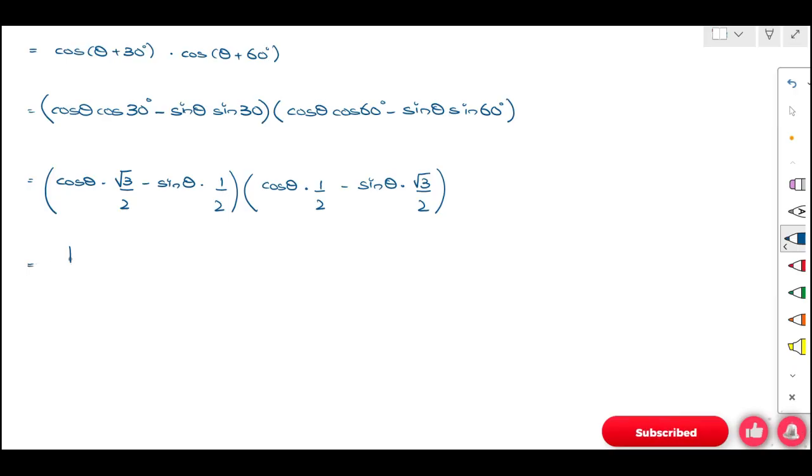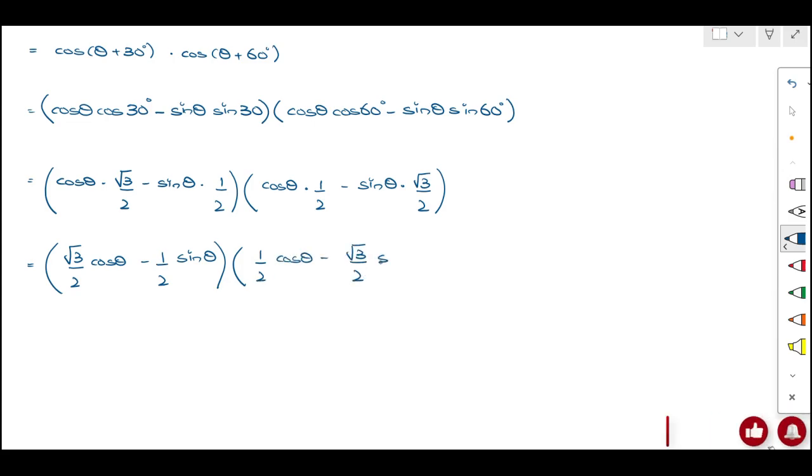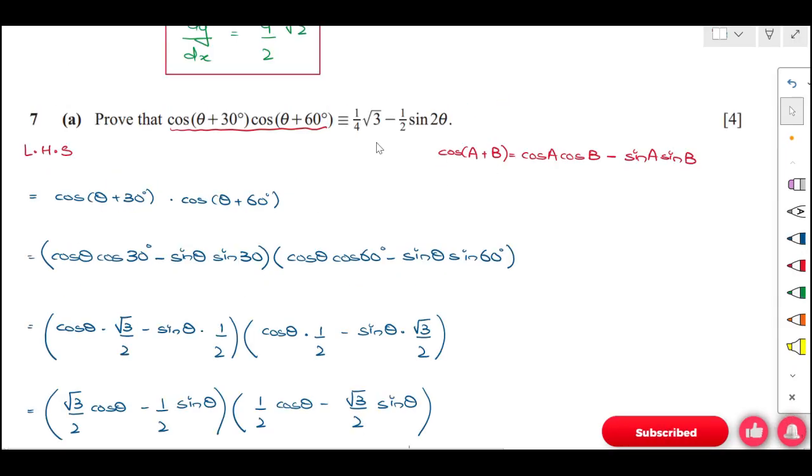Now here we have root 3 divided by 2 cos theta minus 1 by 2 sine theta, times 1 by 2 cos theta minus square root of 3 by 2 sine theta. Okay, now let me do its product, right? Because both are in the product.